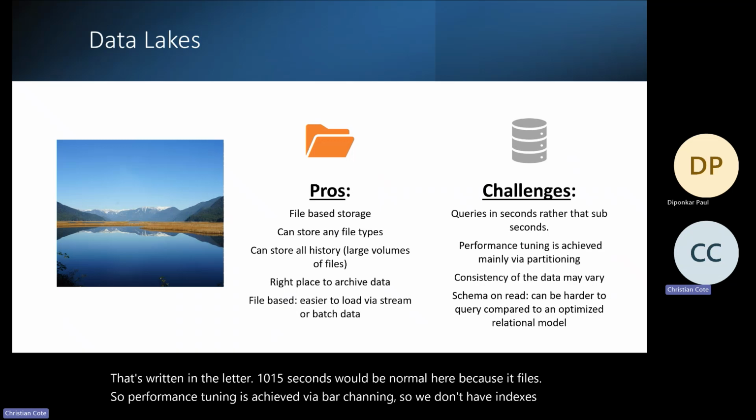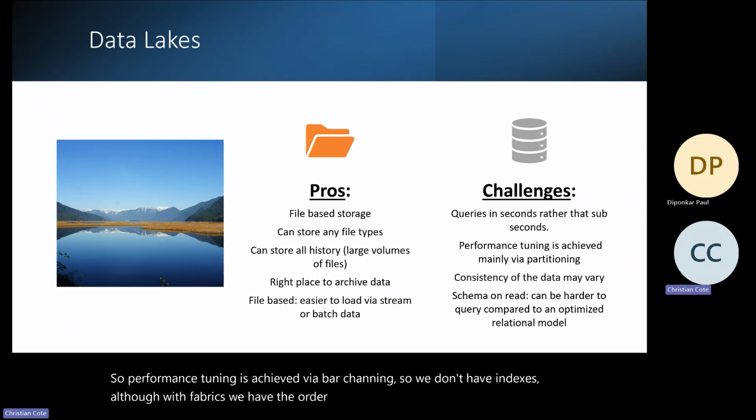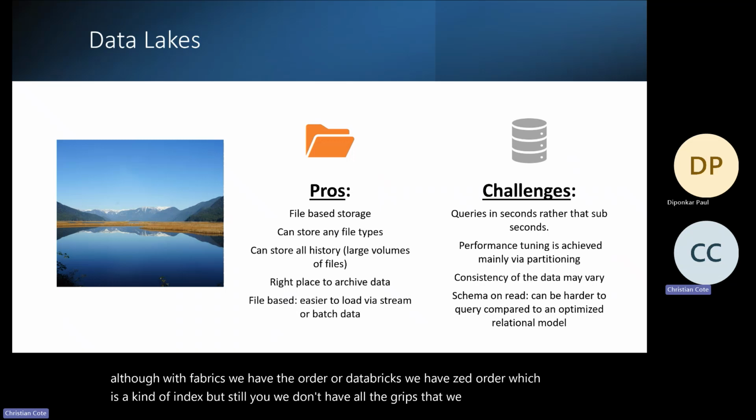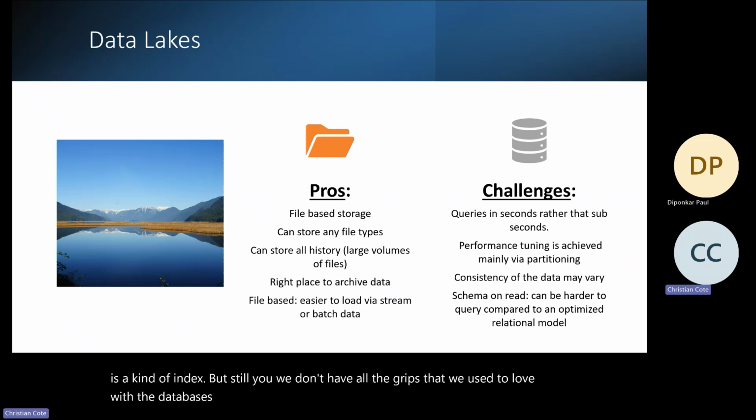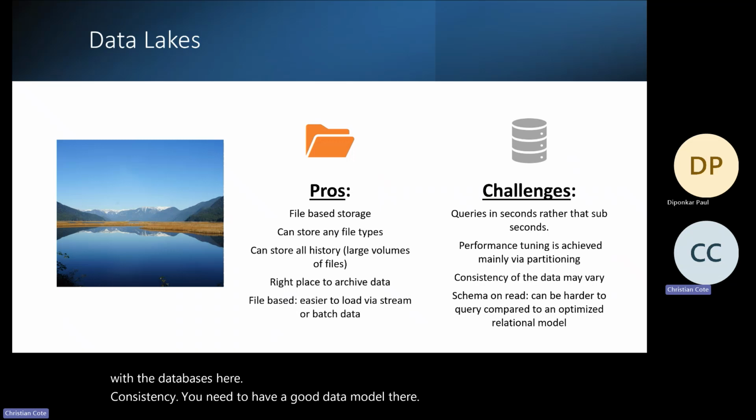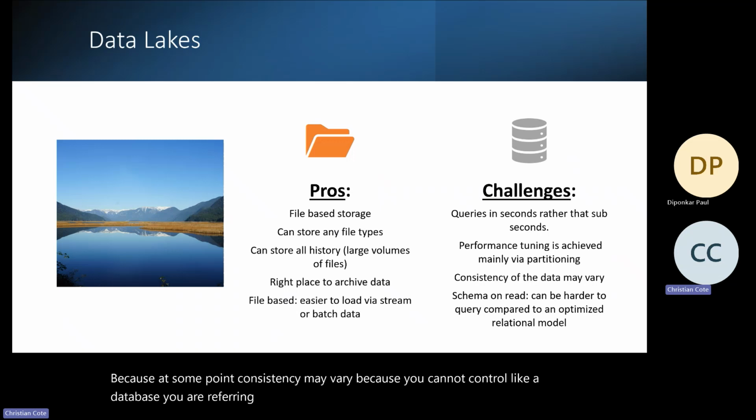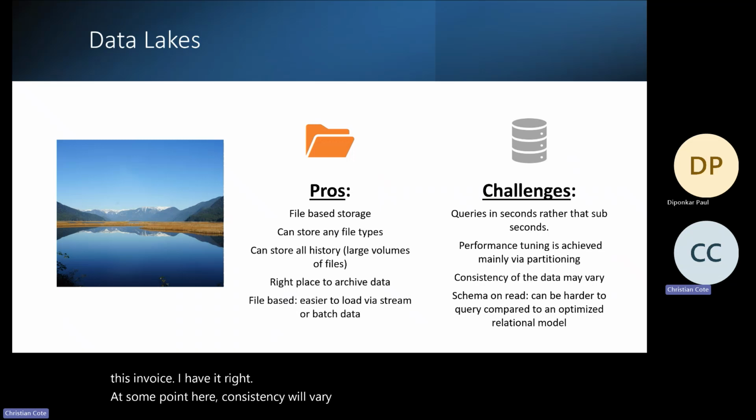Although with Fabric we have V-Order, or with Databricks we have Z-Order, which is a kind of index, still we don't have all the grips that we used to love with databases. Consistency: you need to have a good data model there, because at some point consistency may vary. You cannot control it like in a database, where you have referential integrity. You make sure that the client referred on this invoice exists, right? At some point here, consistency will vary because I don't have those tools.